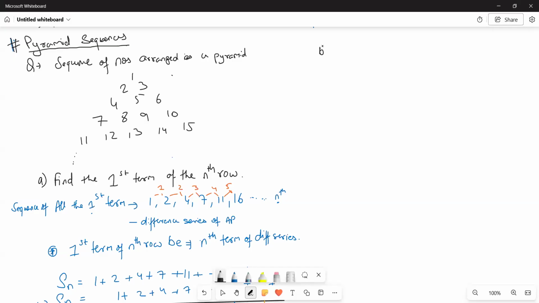Okay. Next question of this then. Find the sum of all terms in the nth row. Same question. Same sequence के लिए.